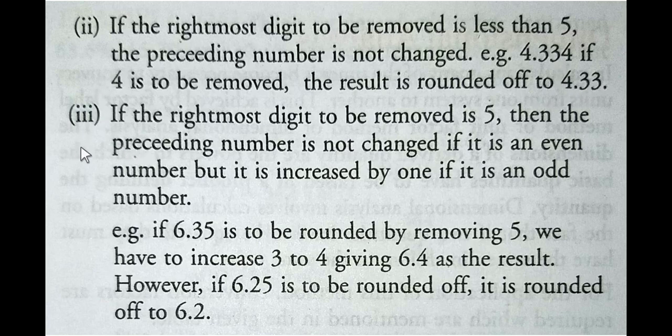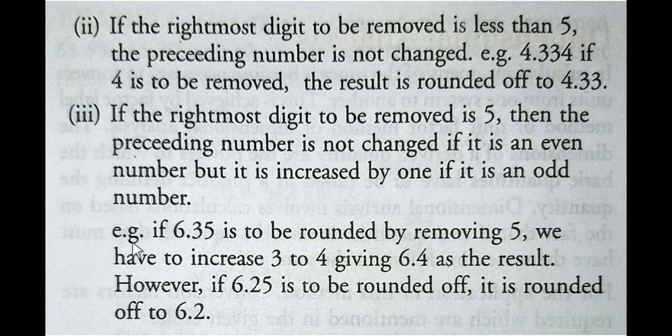Okay. Rule 3: if the rightmost digit to be removed is exactly 5, then the preceding number is not changed if it is an even number, but it is increased by 1 if it is an odd number. Very interesting rule.